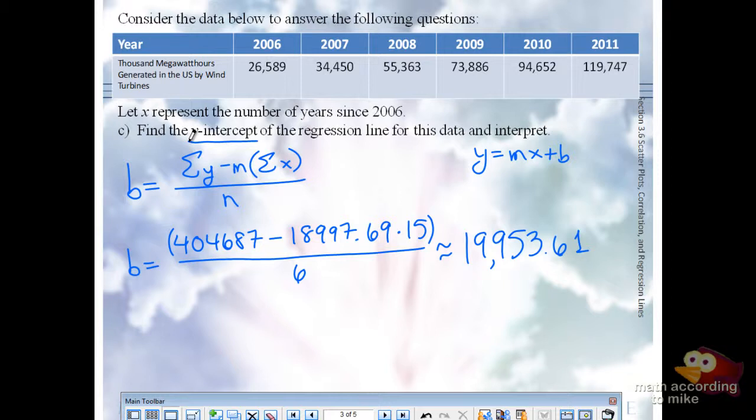So your interpretation is, in 2006, approximately 19,953.61 thousand megawatt hours were produced or generated.